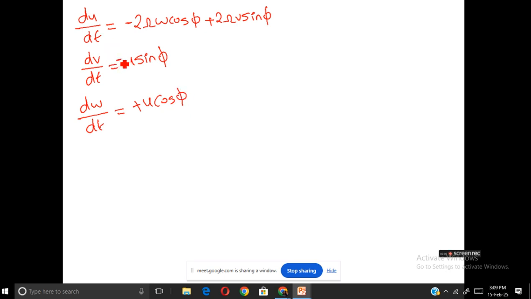This will be minus, since it is minus 2 omega times the velocity. So minus 2 omega u sin phi in the case of dv by dt, and 2 omega u cos phi in the case of dw by dt. This is how it comes when we separate it into the different components of acceleration.